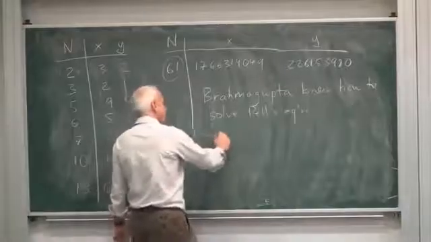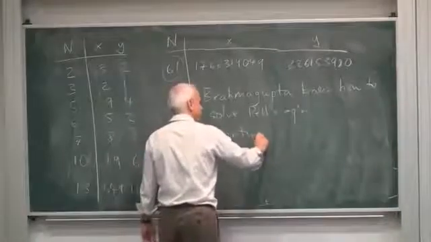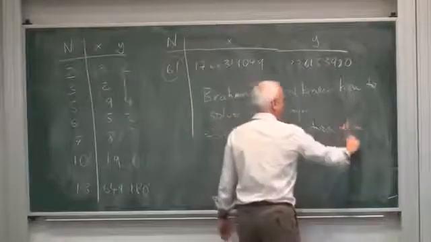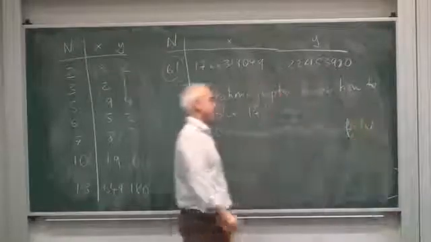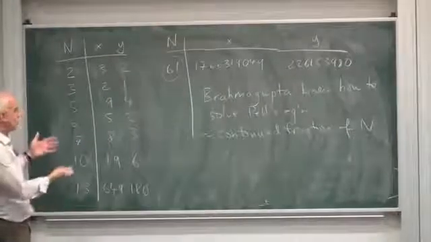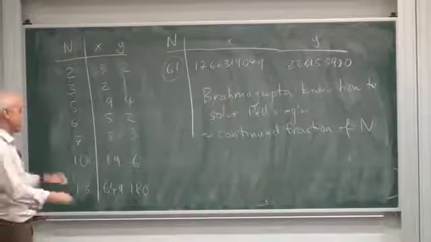It has to do with the continued fraction of n. And this equation became important much later on.